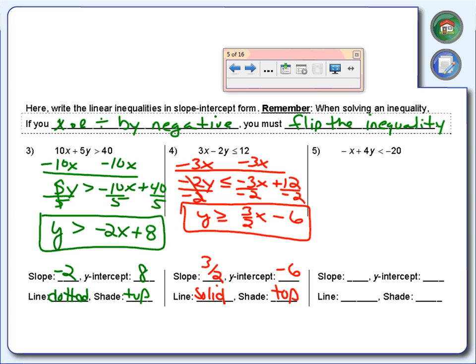All right, go ahead and do number 5 for me, see what you get. Number 5. Get it in slope-intercept form, and give me those 4 things at the bottom.